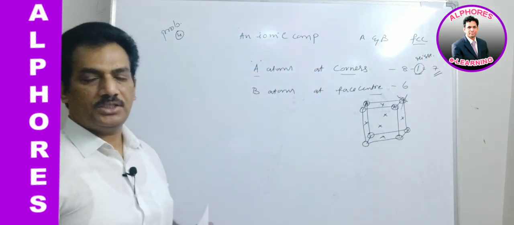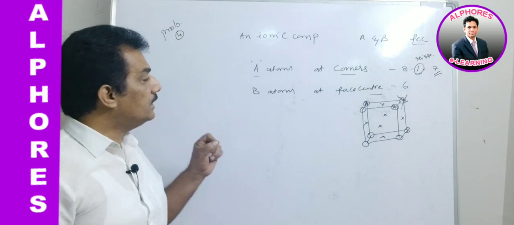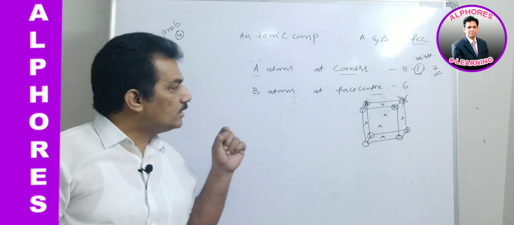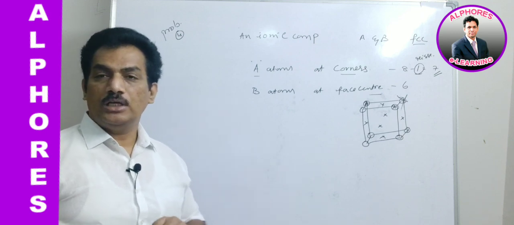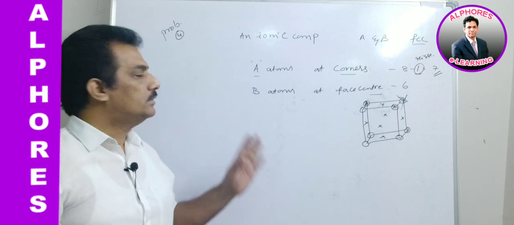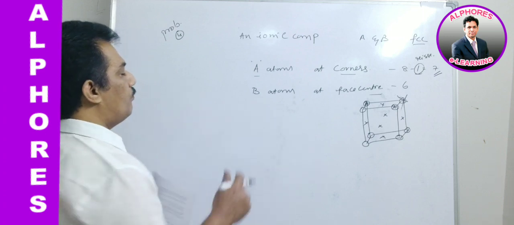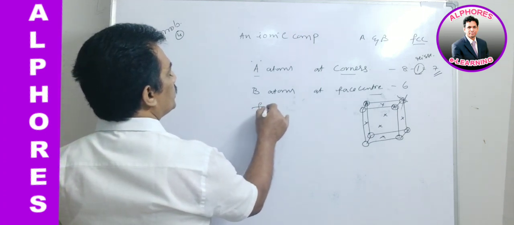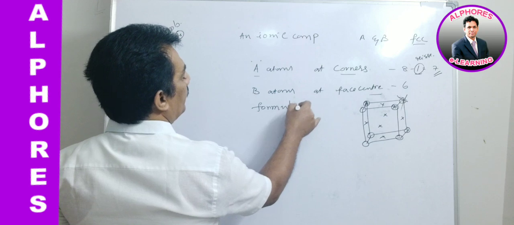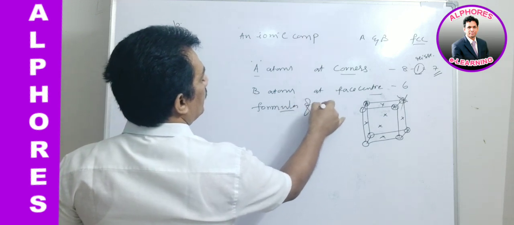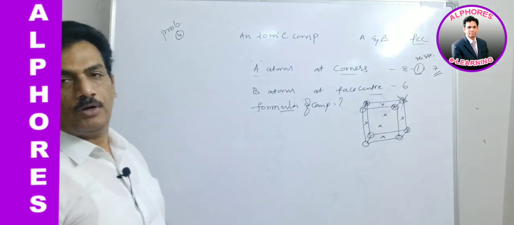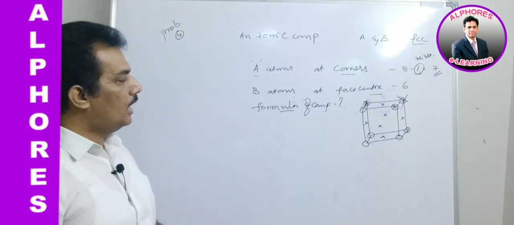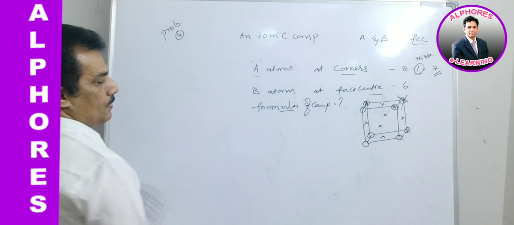The data is changed slightly by stating that even though A atoms are occupying corners, one of the corner atoms is missing. Then what will be the formula or composition of the compound? That is what they are asking. Okay, now let us assume this.